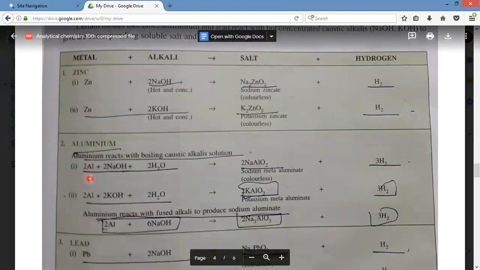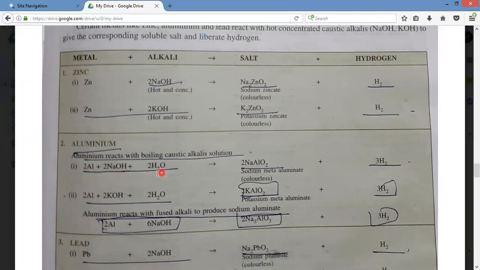Aluminium. When we are treating aluminium with sodium hydroxide and water, meaning we are taking boiling caustic alkali solution, with water added in this one, sodium meta-aluminate is forming, and that meta-aluminate is colorless in nature, with hydrogen gas. Same observation, the hydrogen is coming.